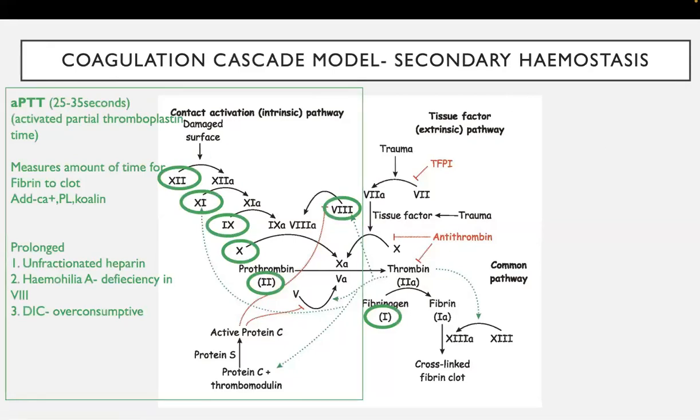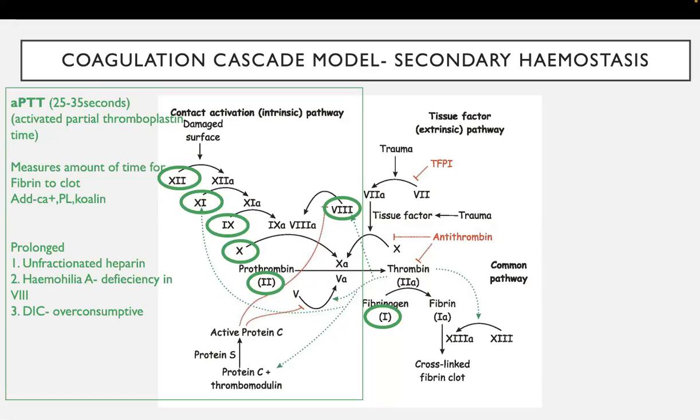Okay, so your intrinsic pathway, how we can monitor it with our static monitors, is the activated partial thromboplastin time. Basically you take blood, you send it to the lab, and they add calcium, phospholipids and an external clotting activator, which is kaolin, and they look at the time at which your blood will clot.